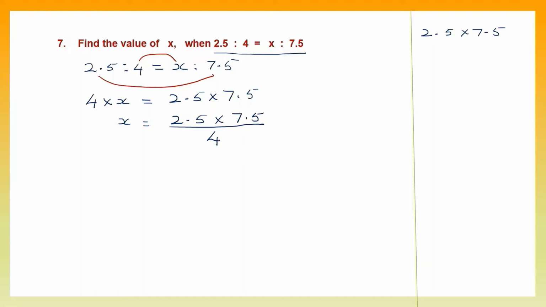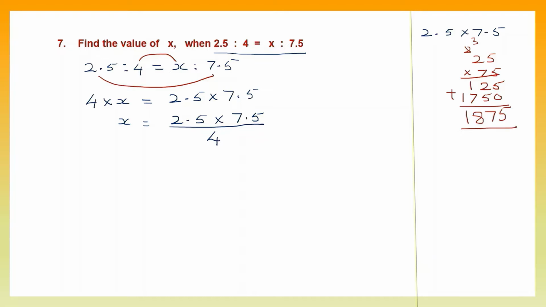So let's ignore the point and make it 25 into 75. 5 5s are 25, carry 2. 5 2s are 10, 11, 12. Then the second step, 7 5s are 35, carry 3. 7 2s are 14, 15, 16, 17. So let's add this up. 5. 2 plus 5 is 7, 1 plus 7 is 8, and 1.